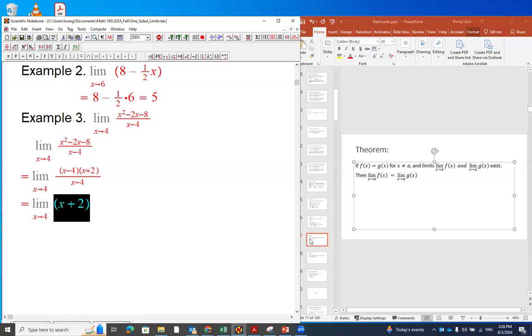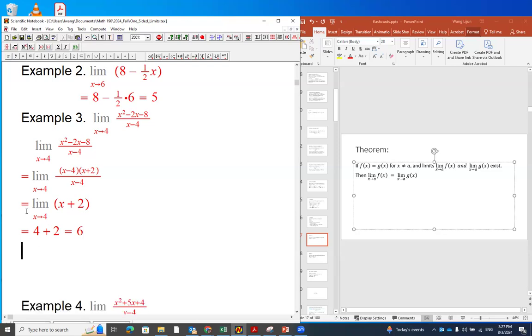So these two functions differ by only 1 point. When we take the limit as x approaches a, which is 4, that point is the only point where they differ, and they have the same limit. So we use this theorem on the right. Direct substitution, 4 plus 2 equals 6.